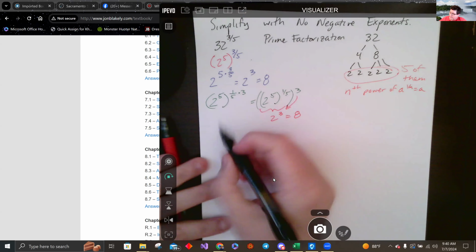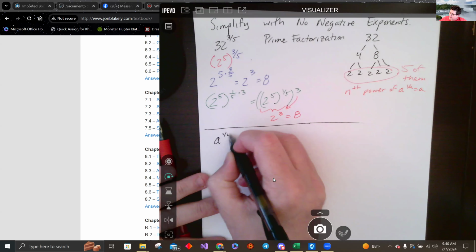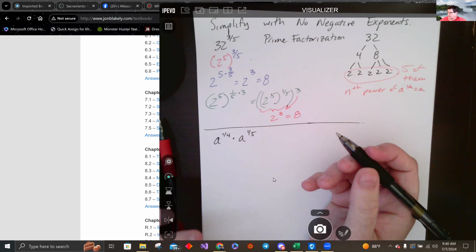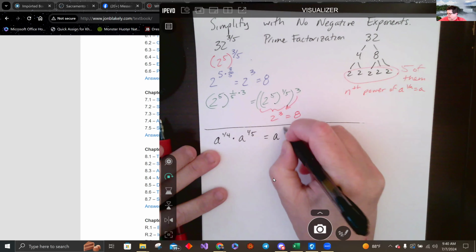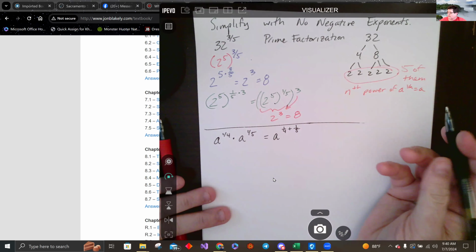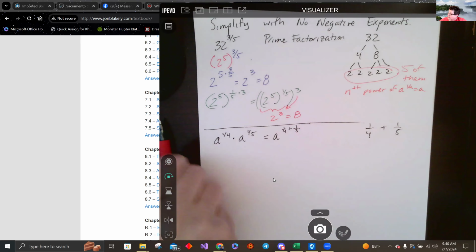Do another example. We're going to do a to the 1/4 times a to the 1/5. When we have the a's multiplied like this, it makes the exponents get added. We need a common denominator to get one exponent here.